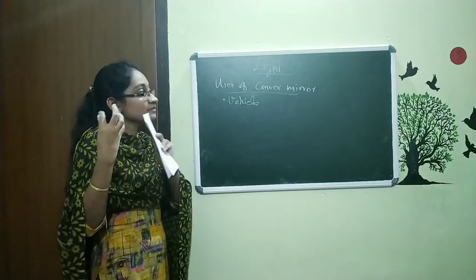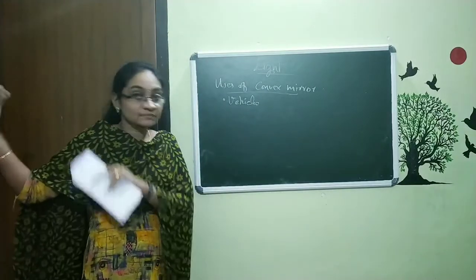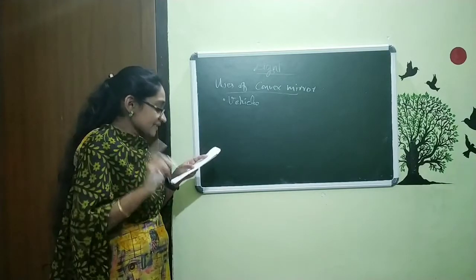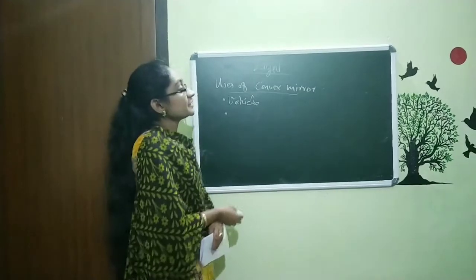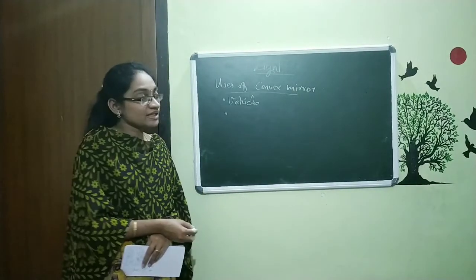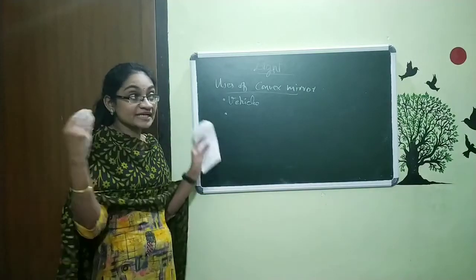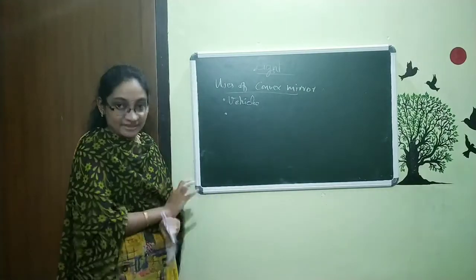When we are using this convex mirror, we can see the vehicles that are placed behind our vehicle. So that's about the first use. The second use is this. We can use the convex mirror in big buildings and malls to get a wide area view in a small mirror.